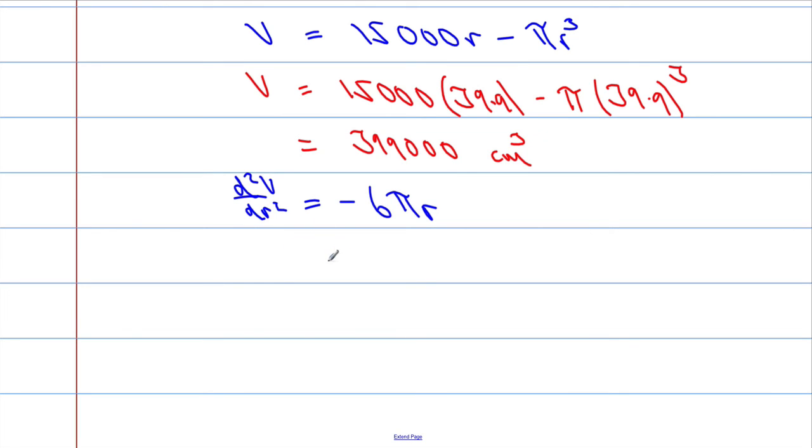And negative 6 pi r, regardless of what value we put in, must be less than 0, which implies the value is a maximum.